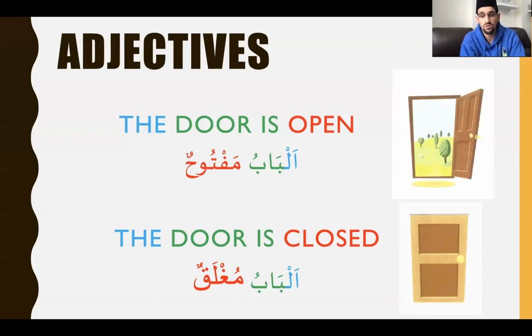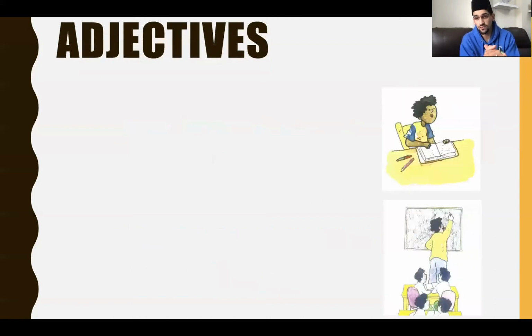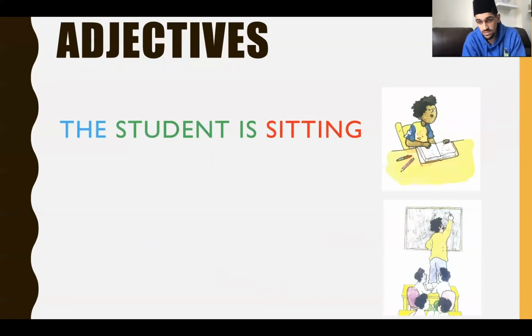In this way we'll learn in a good and fun way. So here we have a student. The student is sitting. So how would you say the word sitting? الطالب جالس. So the student here is sitting. جالس means sitting.